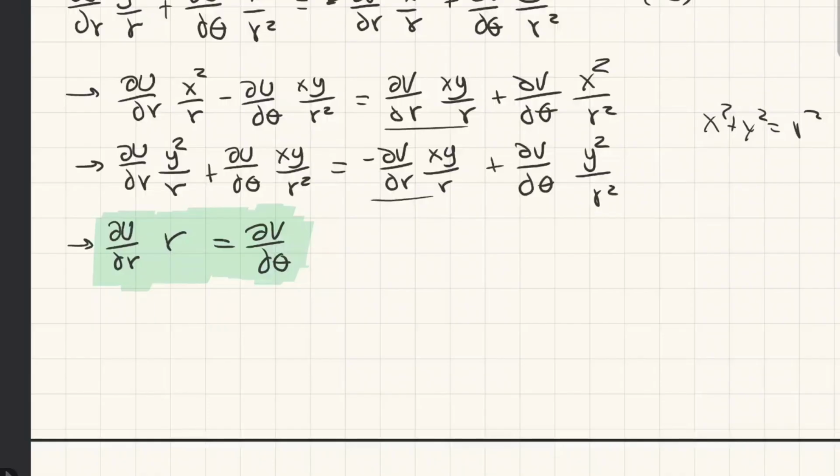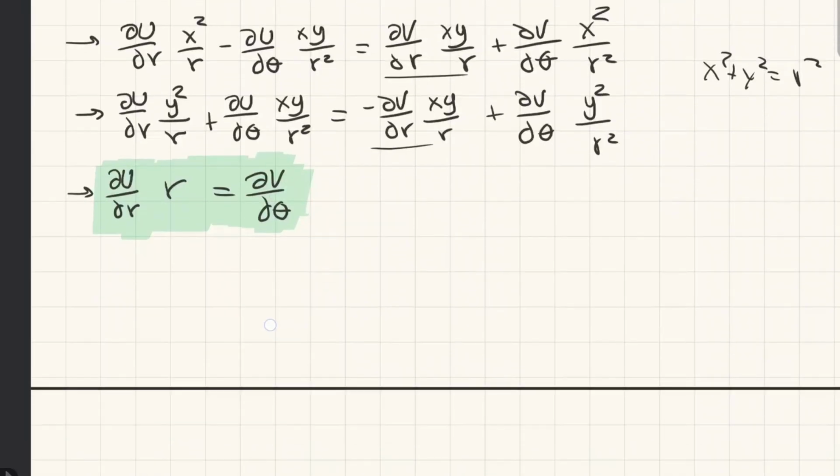But now what happens if we subtract them? Well, that is what we are going to do. So for the first element, we will get the derivative of u with respect to r, x squared minus y squared divided by r.